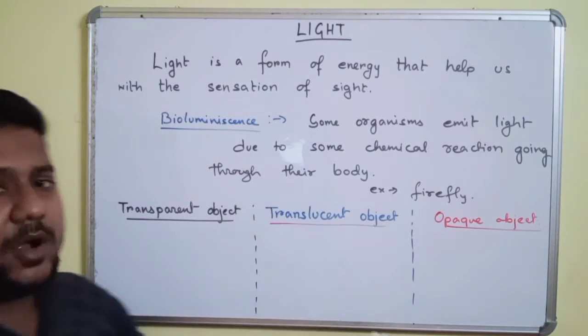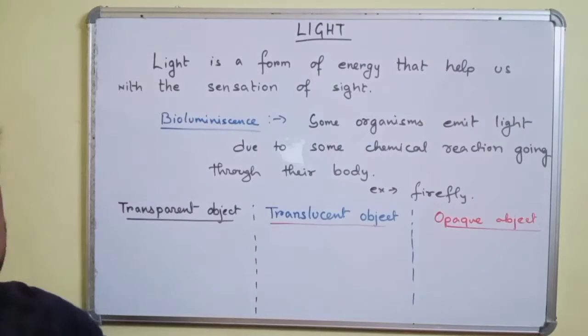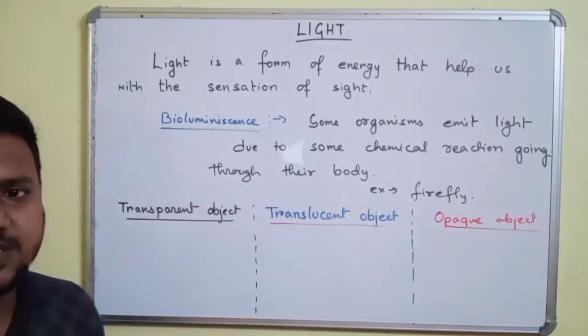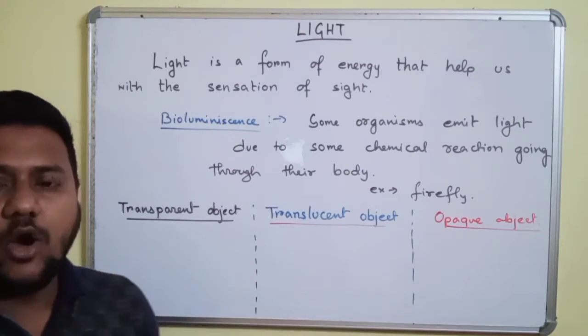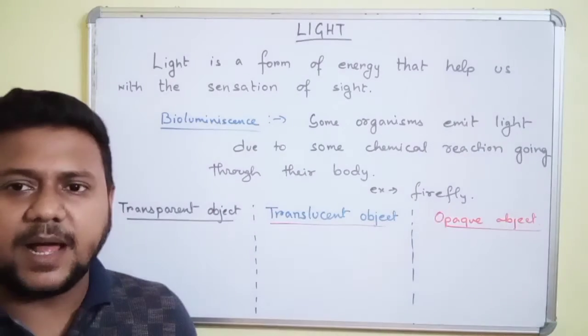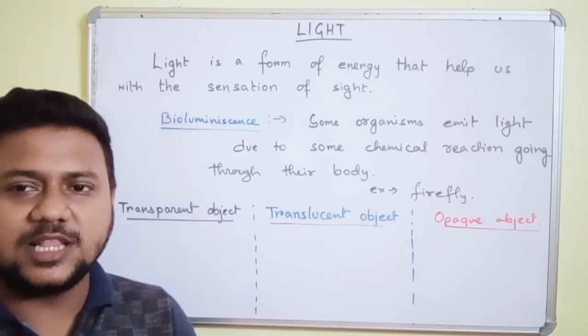Now what are these objects? We have learned about luminous objects and non-luminous objects. We have talked about bioluminescence. Now let us talk about objects. Objects are classified by the way they interact with light.